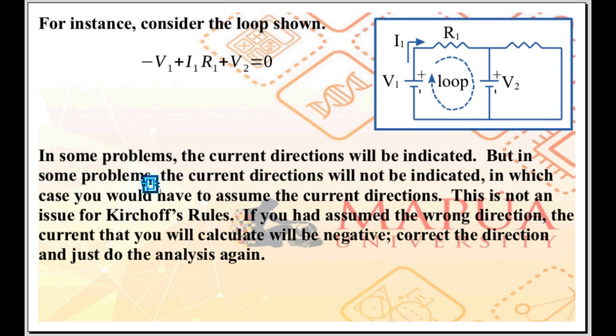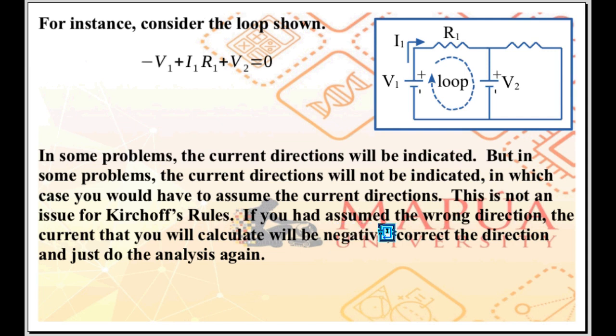In some problems, the current directions will be indicated, in which case, use the direction of the currents as given by the problem. But in some problems, the current directions will not be indicated, in which case, you yourself would have to assume the current directions. This is not an issue for Kirchhoff's rules.